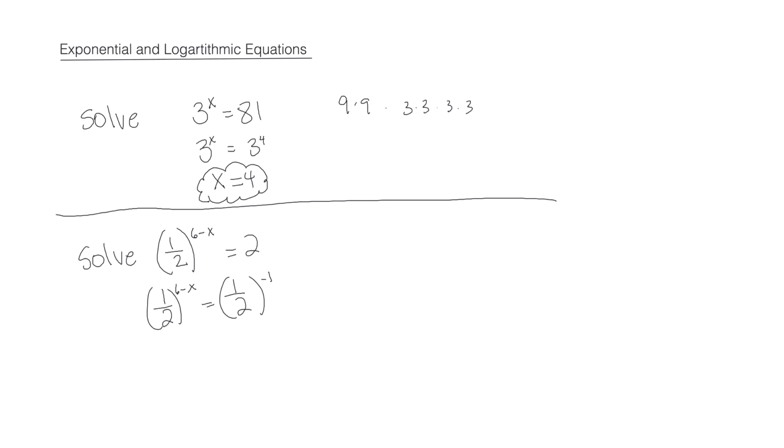Now I have the same base, so I can ignore those and focus on my 6 minus x equals minus 1. I'm setting my exponents equal to each other and then solving. So minus 6 on both sides, minus x equals minus 7. So x equals 7.